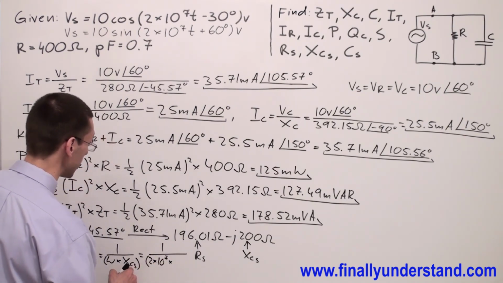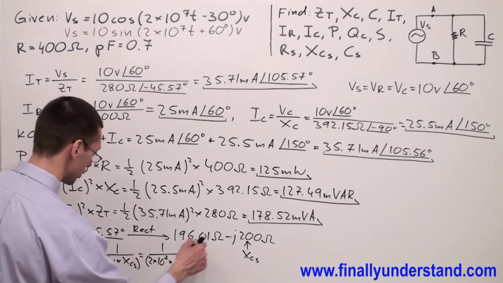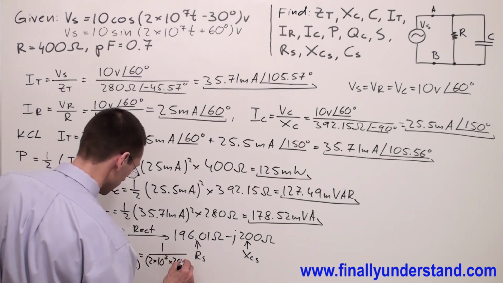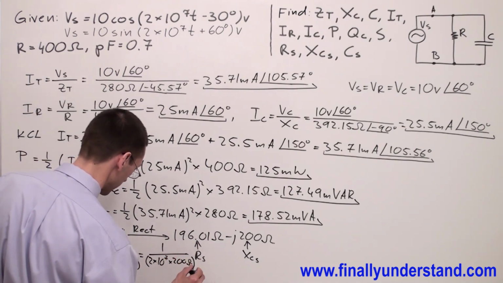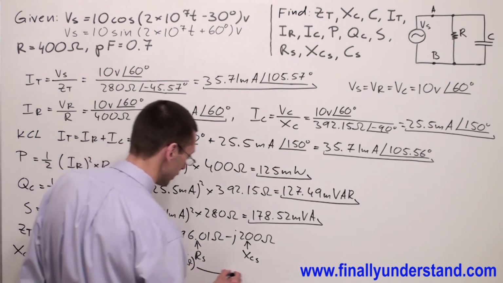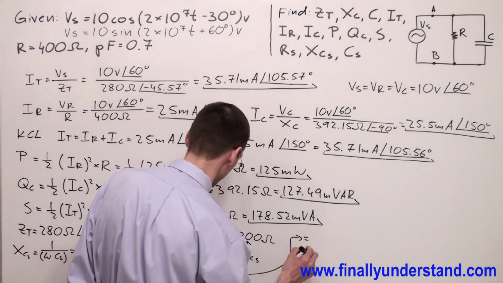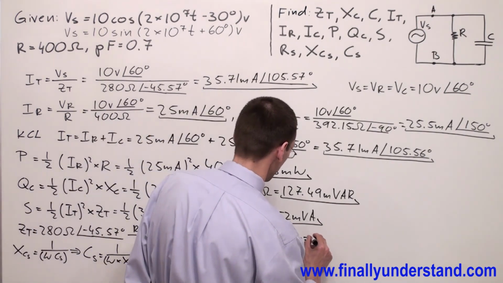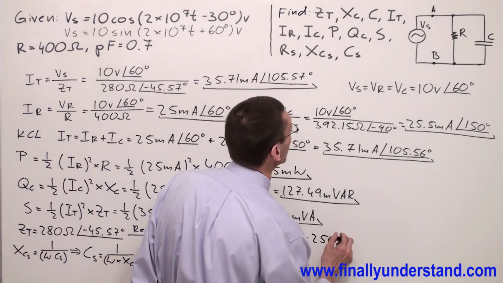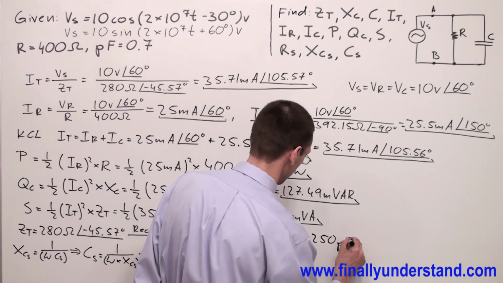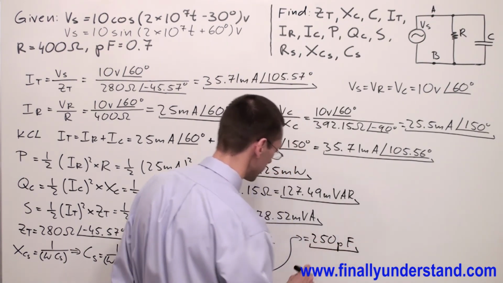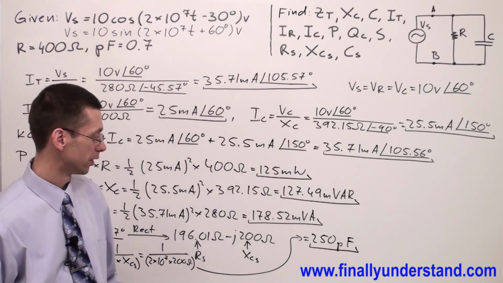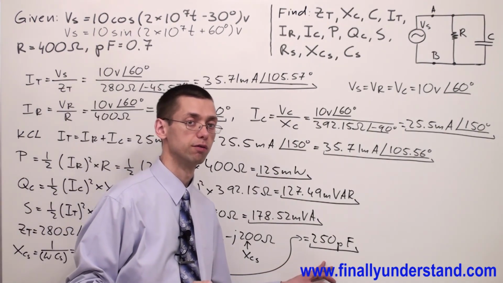And we found that XCS is equal to 200 ohms. This is equal to 250 picofarads. Okay, we found the capacitance in my series equivalent circuit.